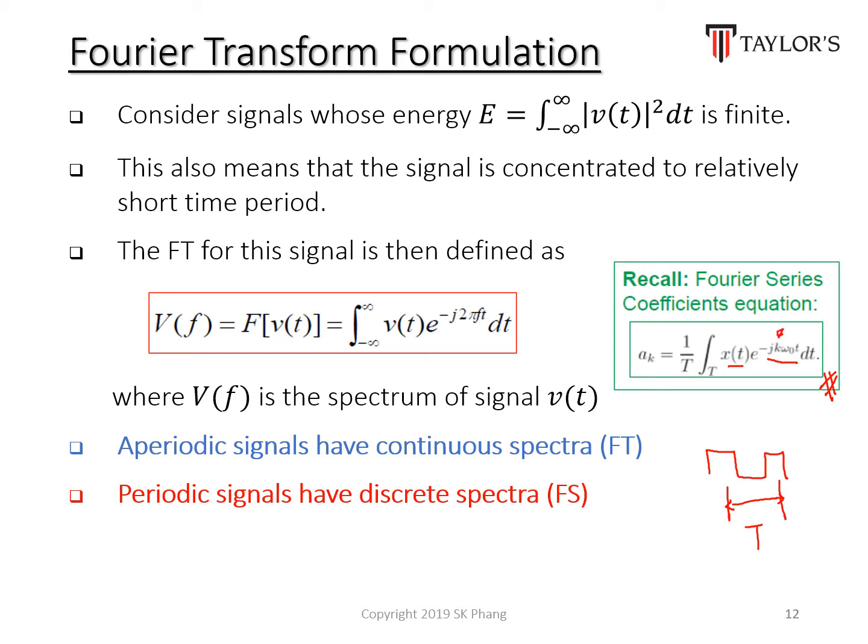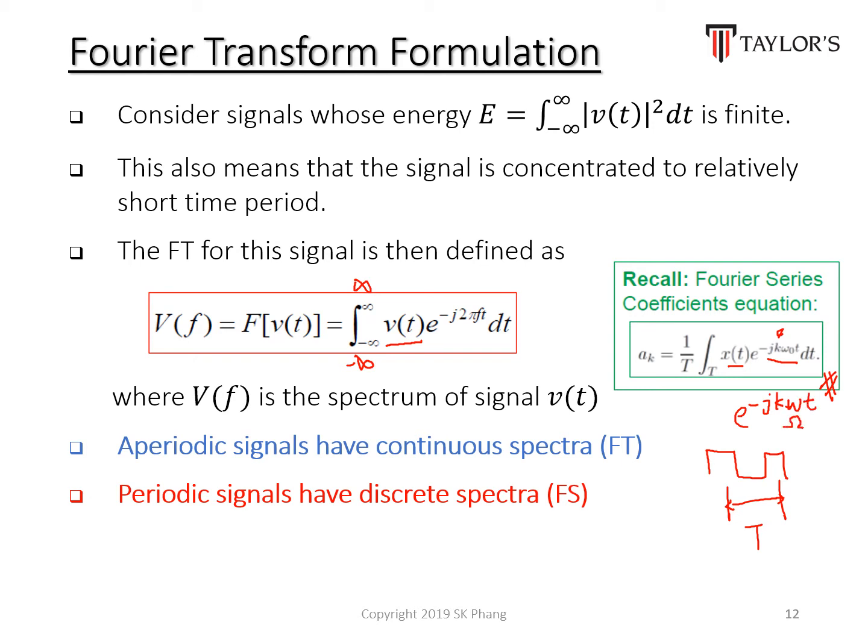For Fourier transform, you need to integrate from negative infinity to infinity. So there's no longer a single time period because it's not periodic now. And this is just your normal signal function, same as your x(t), it's just written as v(t) over here, and e to the power of negative j omega t. There is no more k. So here is e to the power of negative j k omega t, or sometimes I write omega in this way.